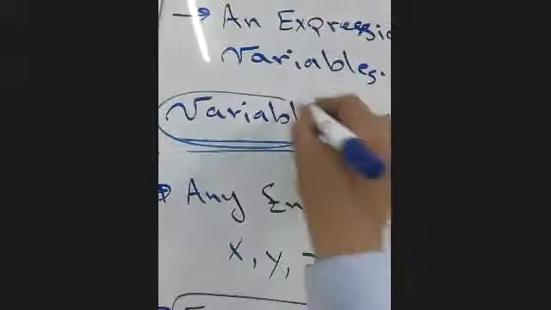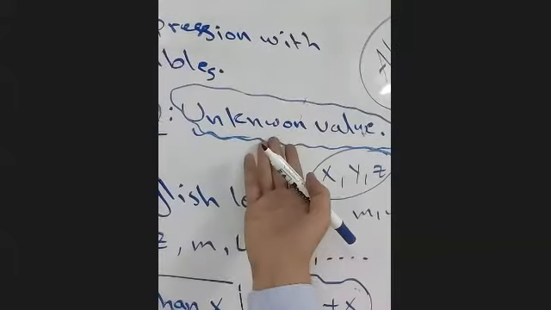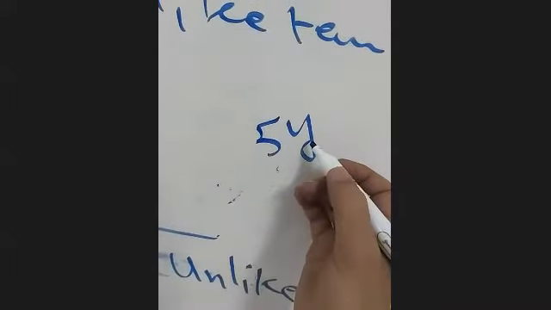When it was 5y, yes, it means 5 multiply y, but 5 multiply y equals what? What do we set for the y? Y is a variable, right? Yes. And the variable is what? Unknown. We don't know it. The variable has an unknown value. So 5y means 5 multiply unknown, right?